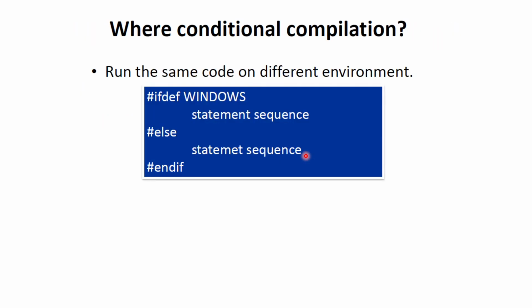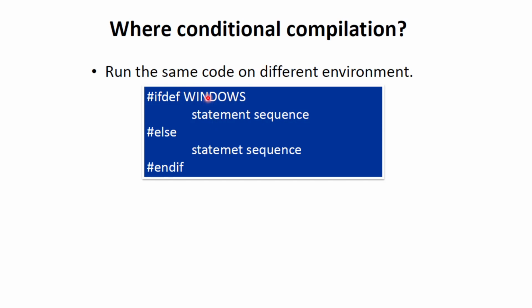So this is the situation I was trying to tell you about: running the same code on different environments. Like #ifdef WINDOWS: suppose the program is running on Windows, then some set of statements.